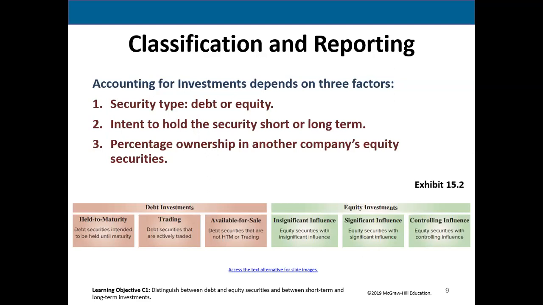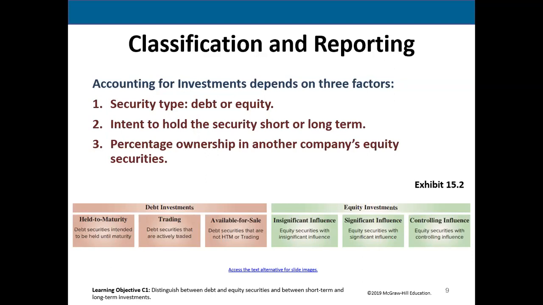More than 50%, you control the company because you vote. You have 51 votes, 51% of the votes. Once you have that, you control all decisions of the company. So from around 20% up to 50%, we have this other category called significant influence. That means you own enough of the stock that maybe you're not in control of all the decisions, but you influence the decisions much more dramatically than somebody who only owns 10 or 15% of the company.